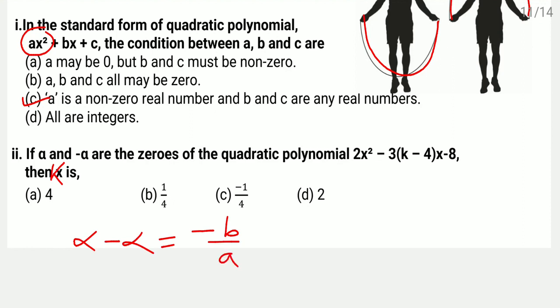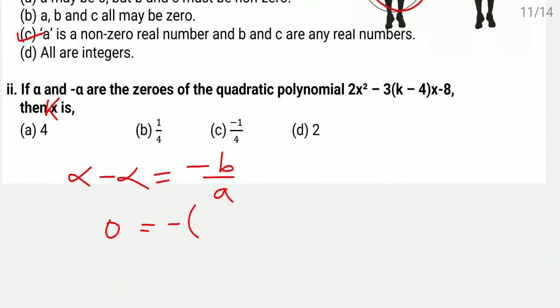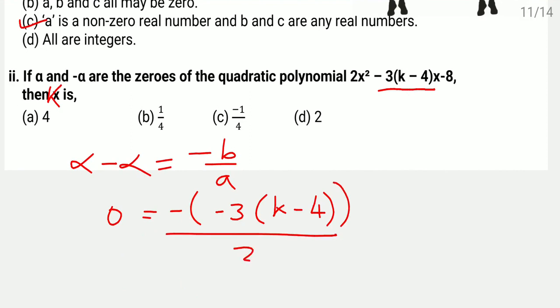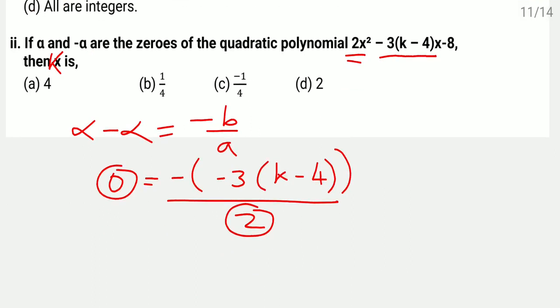So this alpha and minus alpha became 0. Minus value of b is what? If you observe here, this is the coefficient of x. So that is the value of b. Minus 3 in the bracket k minus 4, divided by a, which is 2, the coefficient of x square. Now you see this 2 will come here to multiply 0. It will become 0. Correct?